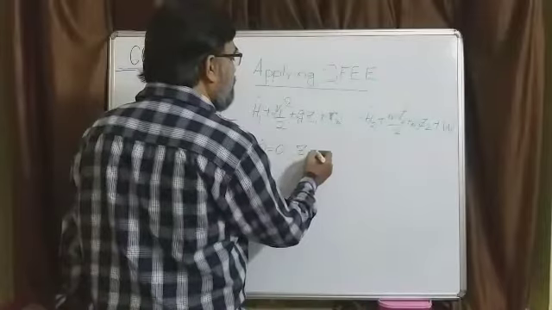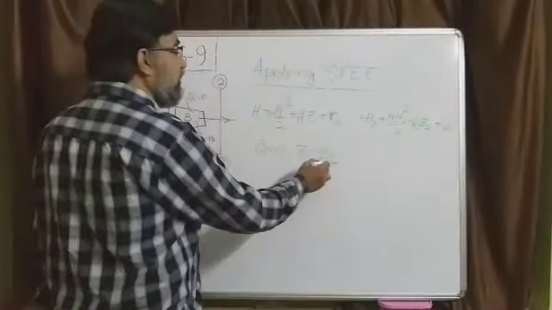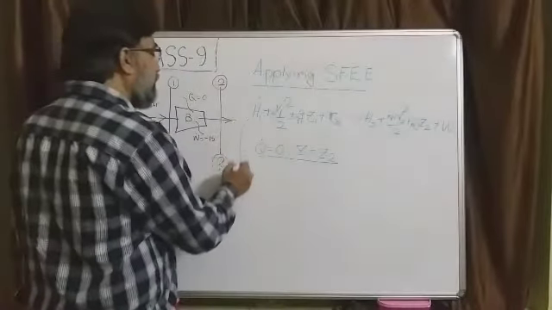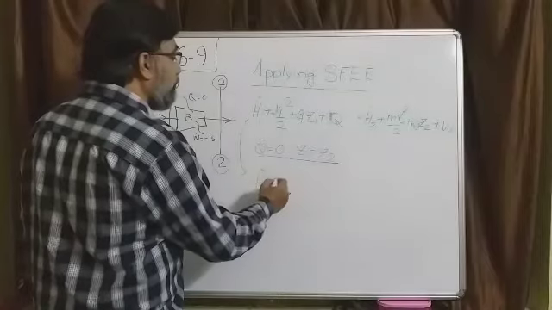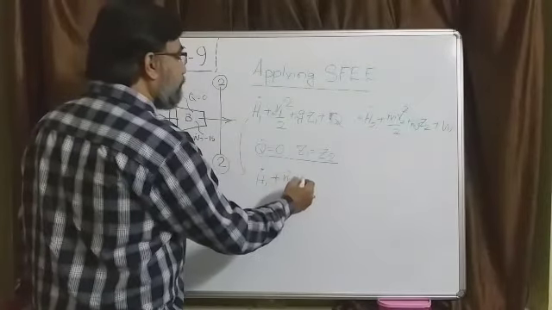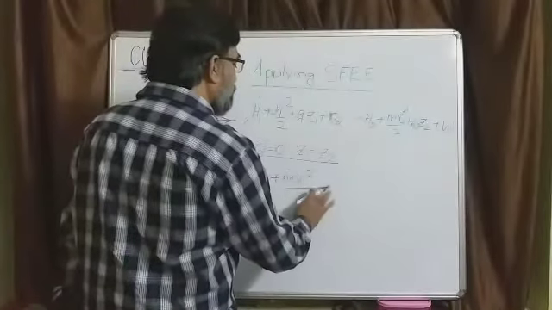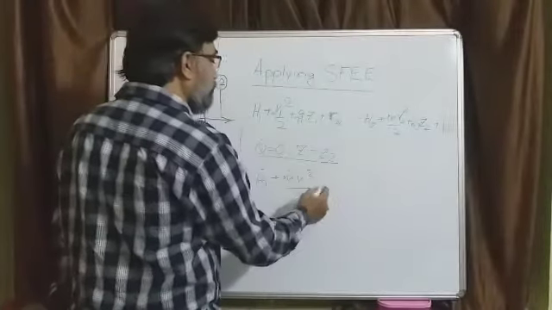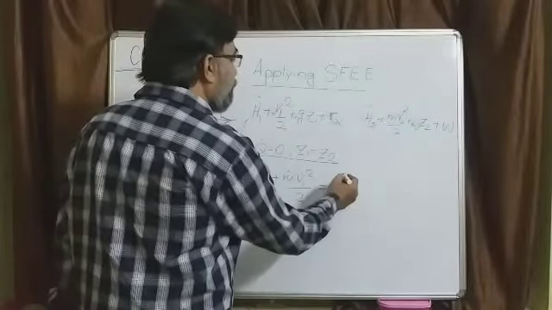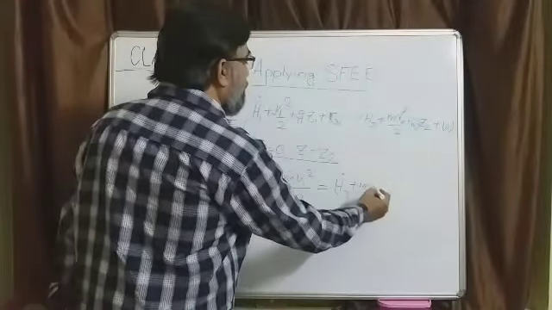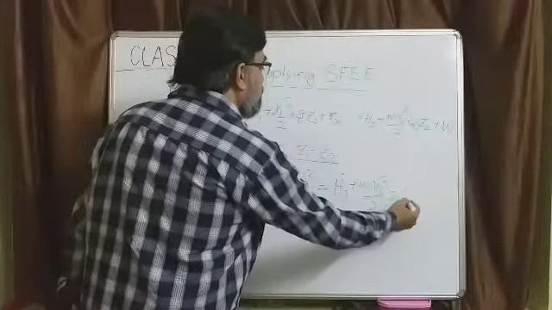And if this is taken, then this equation becomes m dot H1 plus m dot V1 square by 2, then this is 0, this is 0, so this is equal to m dot H2 plus m dot V2 square by 2 plus W dot.